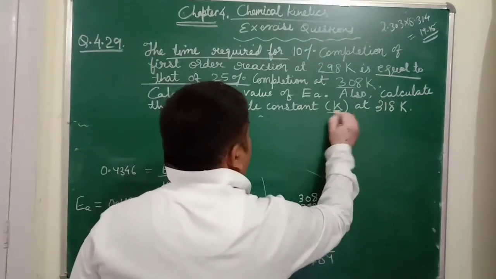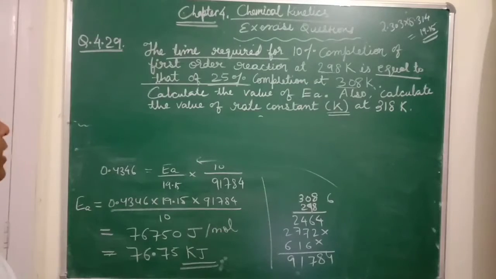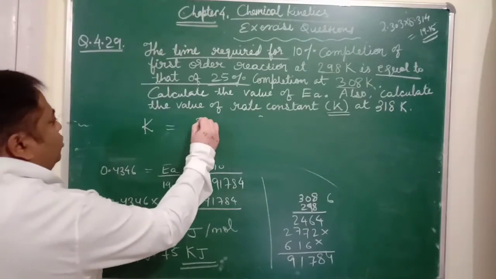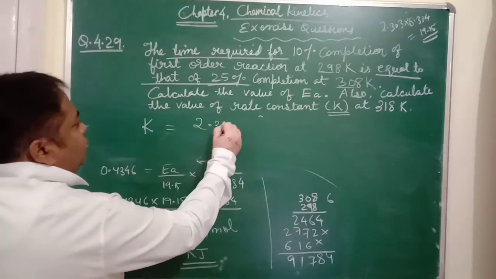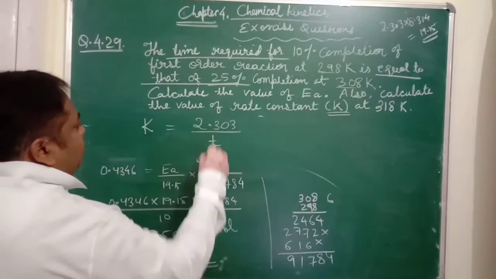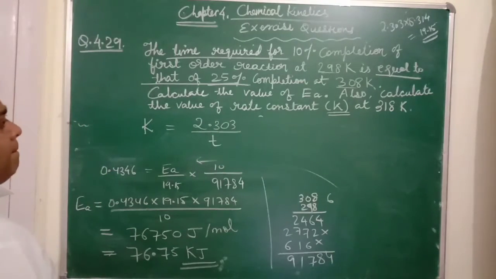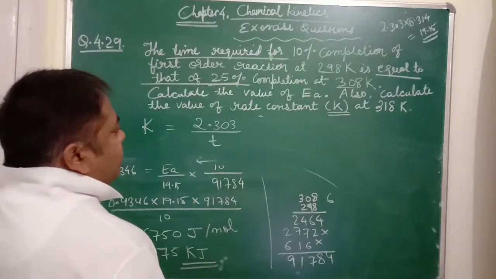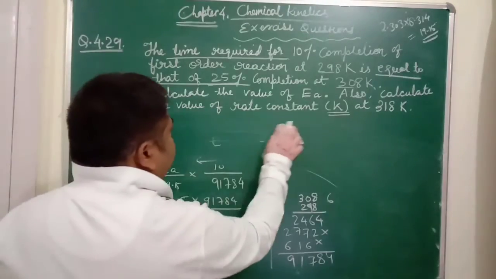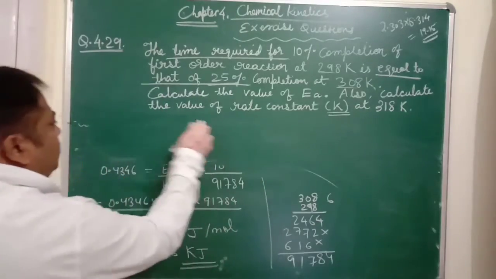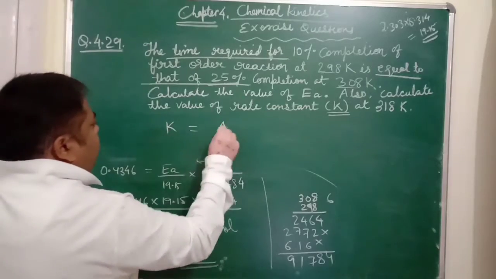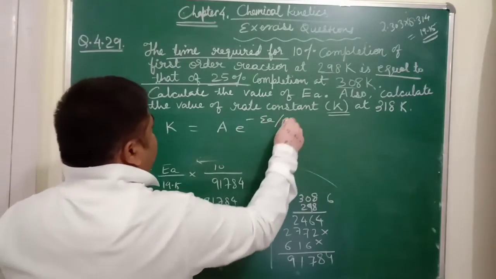Also calculate the value of k at 318 Kelvin. So very easy. k is equal to A e to the power minus Ea by RT.